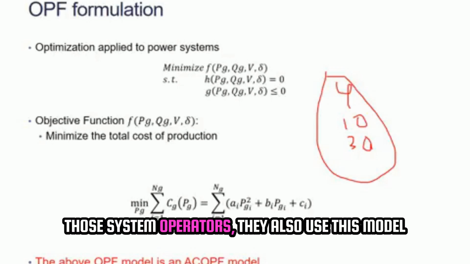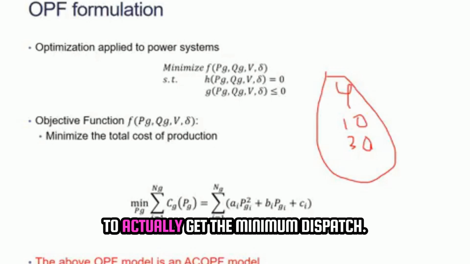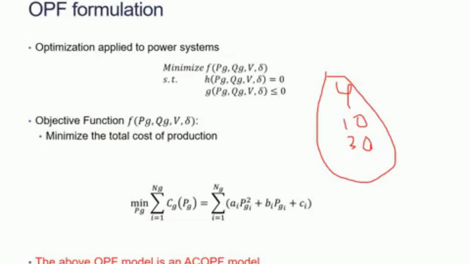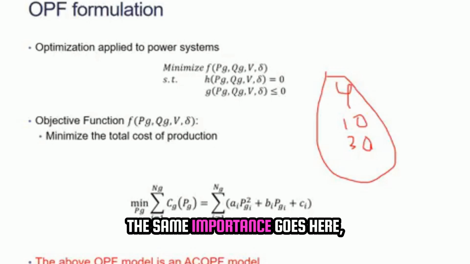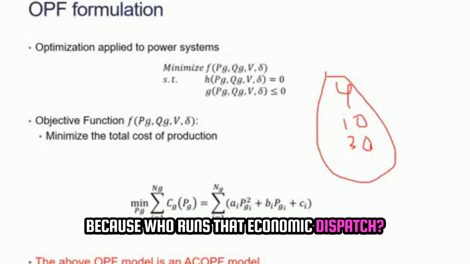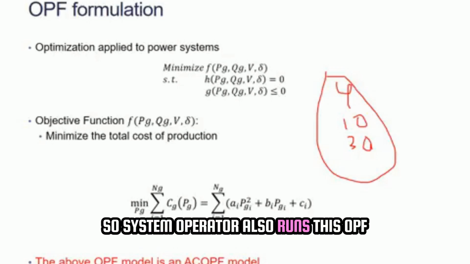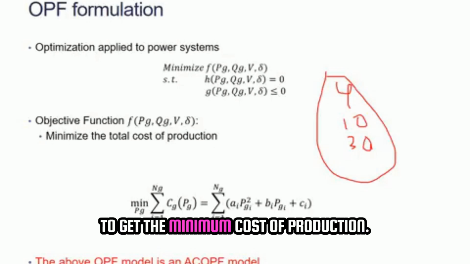Those system operators also use this model to get the minimum dispatch. So what we used to do in economic dispatch, the same importance goes here, because who runs that economic dispatch? The system operator runs that. So the system operator also runs this OPF to get the minimum cost of production.